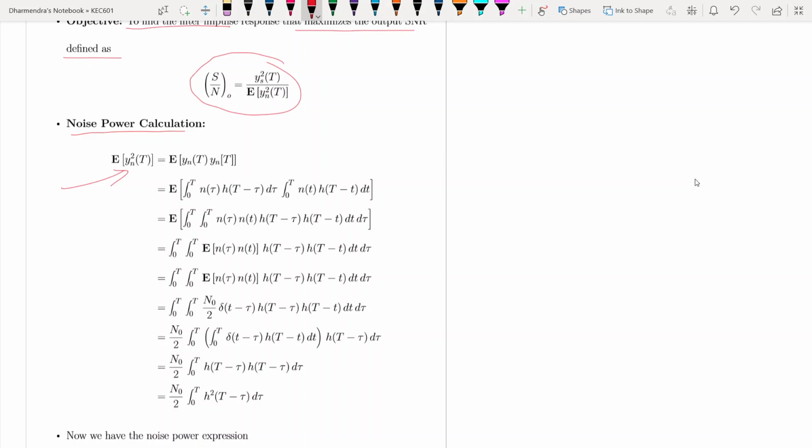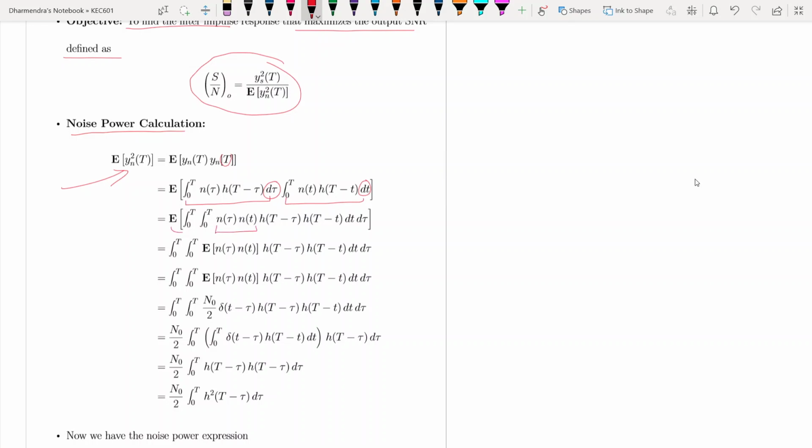So the square of y1 of t can be written as y1 of t into y1 of t. Then I will write it in integral form of y1 of capital T. I am using tau as a dummy variable for integration here, and t as a dummy variable here. Multiply, and then take the expectation operator inside.